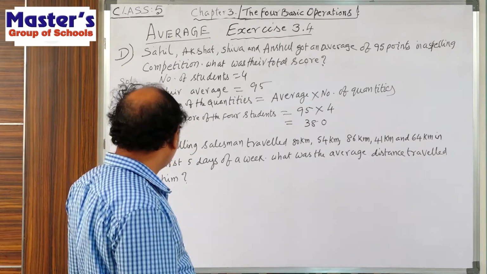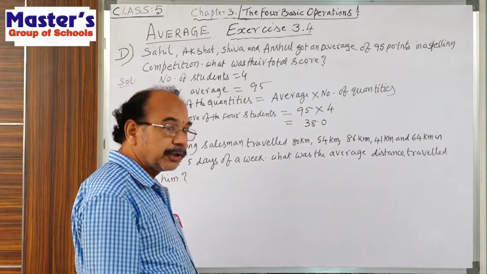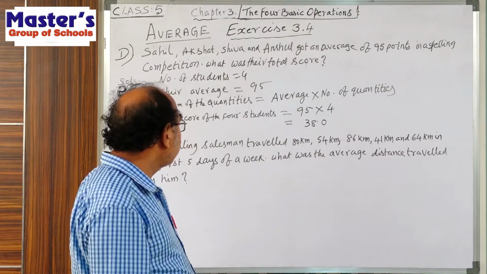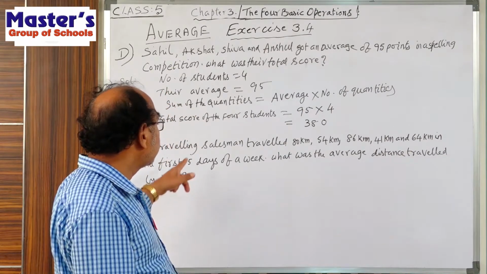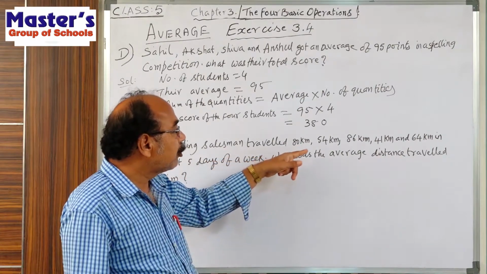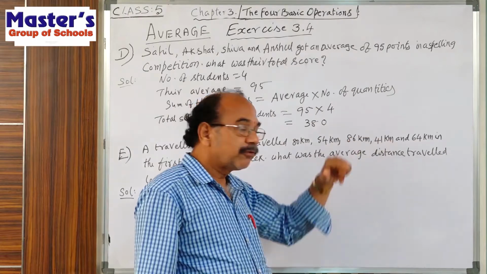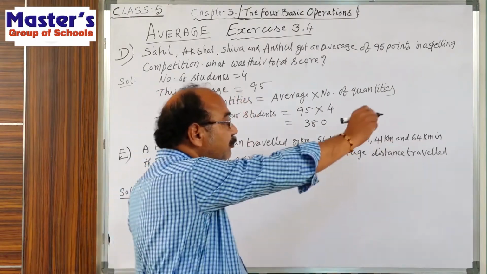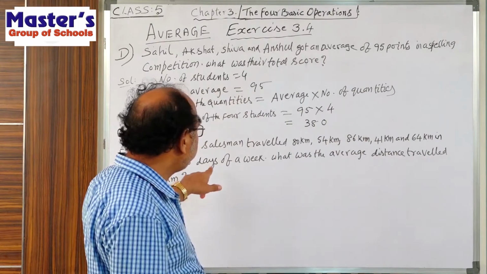Okay, children. Now come to another question. What is the other question? A traveling salesman traveled 80 kilometers, 54 kilometers, 86 kilometers, 41 kilometers and 64 kilometers in the first 5 days of a week.